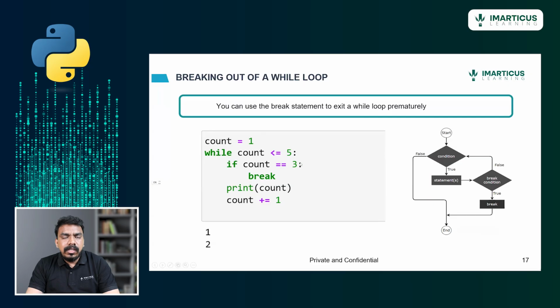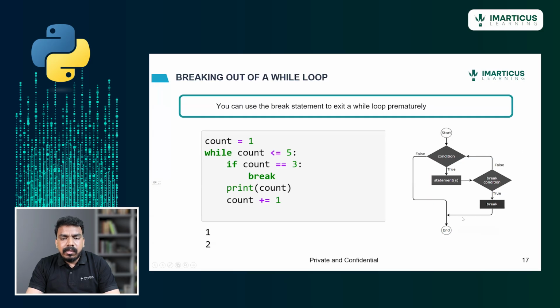If the count is equal to 3, then you are stopping the entire loop. So 1 is not equal to 3, so it prints the output as 1. The count will get increased from 1 to 2. Again it will check the condition, 2 is not equal to 3, so it will continue the loop, and when the count is equal to 3, this if condition is satisfied, then it will break the loop.